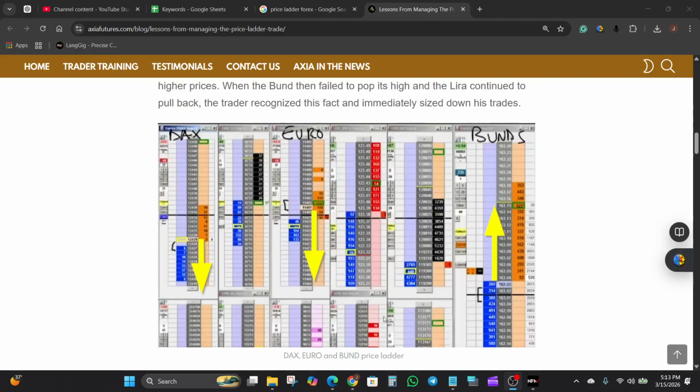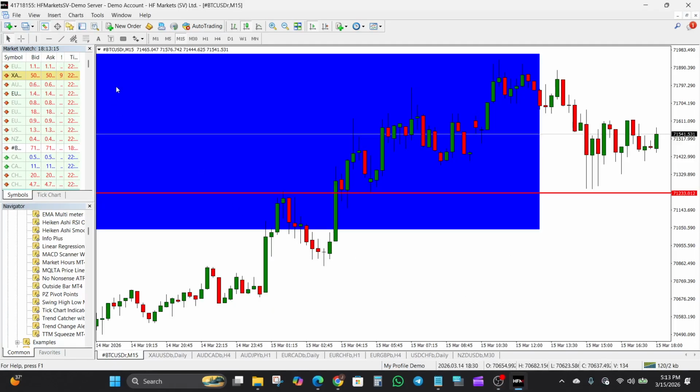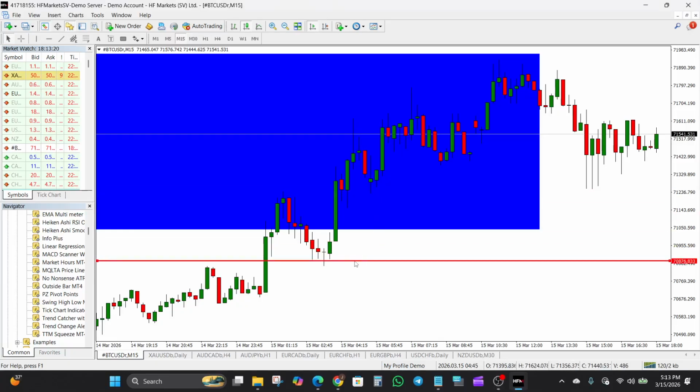For example, if a large number of buy orders appear at a particular price level, some traders interpret this as potential support. If a large number of sell orders appear at a particular price level above the current market price, that level may act as resistance.